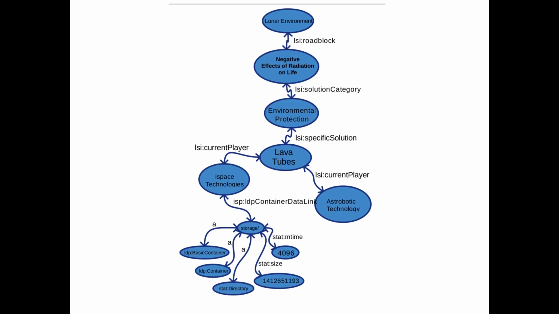So here is an example for the roadblock category lunar environment, with the roadblock negative effects on life. As we go down this graph, we see a current player of iSpace Technologies. So for this iSpace Technologies, we could say this is a linked data platform container, and then have some storage space for their activities.